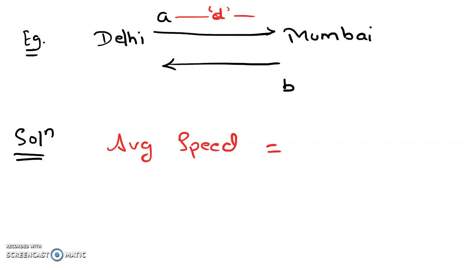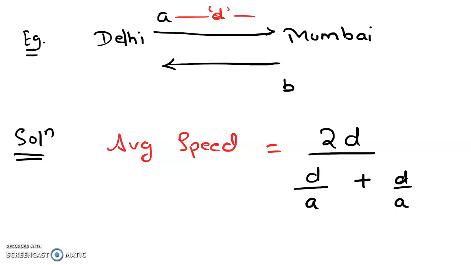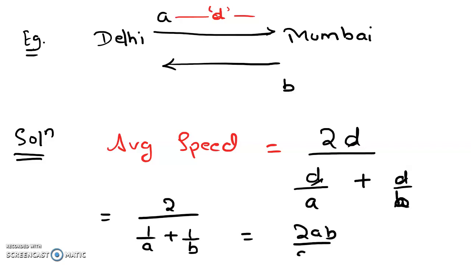Total distance is 2d, d plus d, and total time is the time he took from Delhi to Mumbai, d by a, plus the time from Mumbai to Delhi, d by b. The d cancels out, so it is 2 divided by 1 by a plus 1 by b, which is twice ab by a plus b.